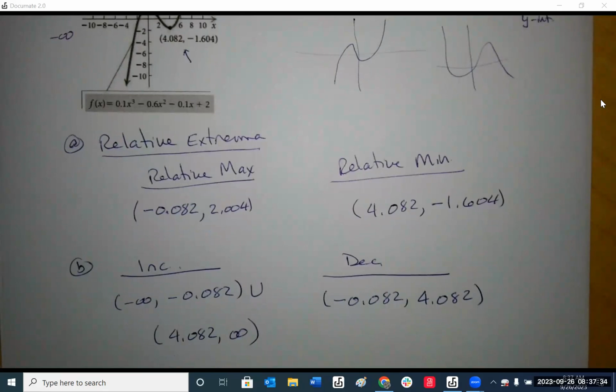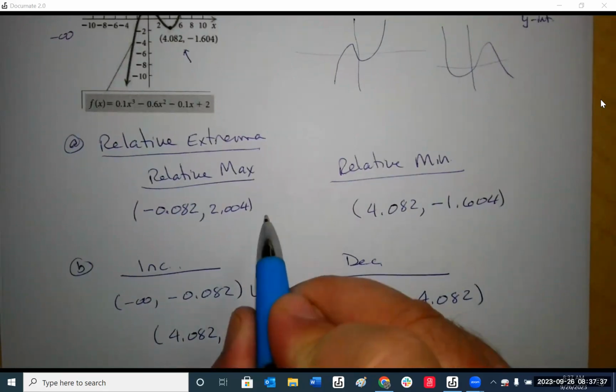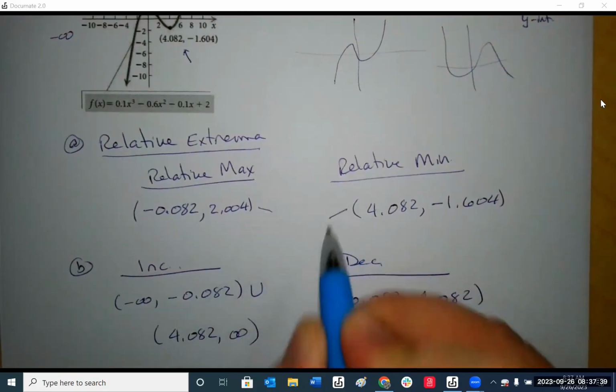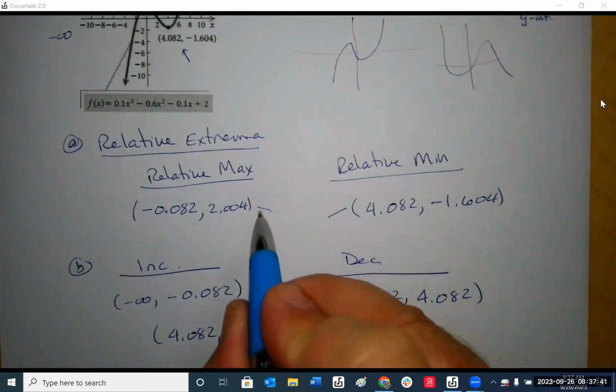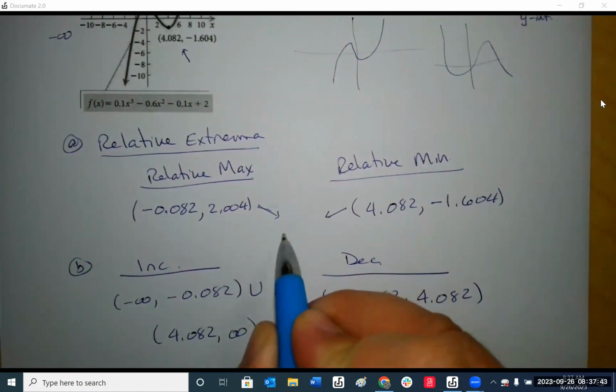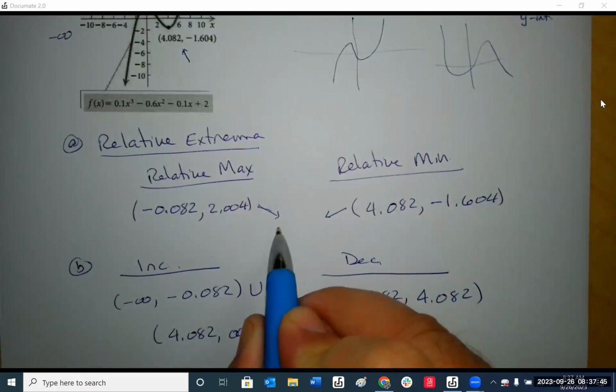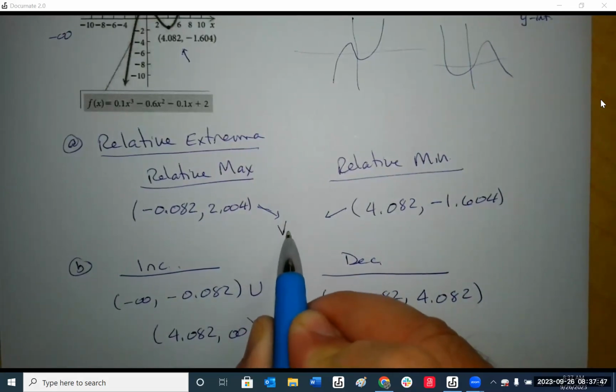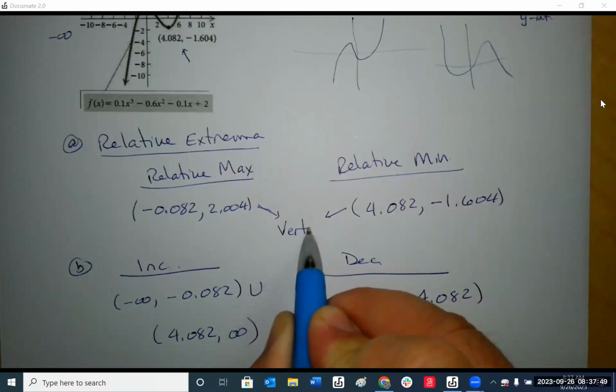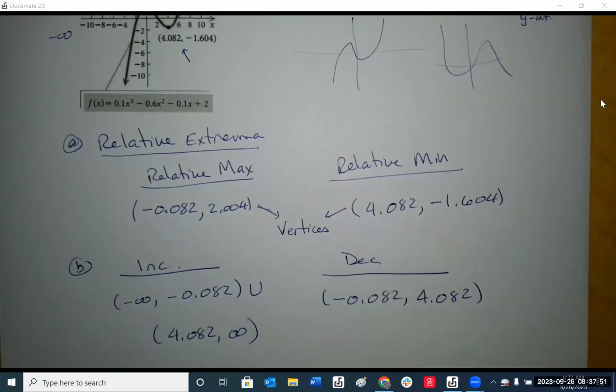That's what the graph looks like. So what's another name for both of these put together? What are those called? Starts with a V. Very good. Vertices.